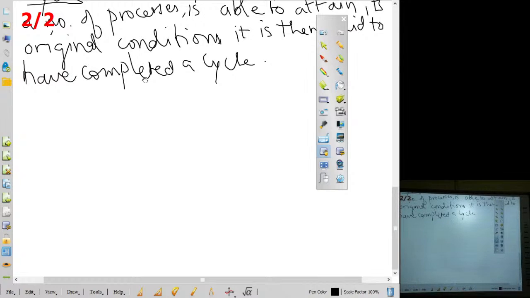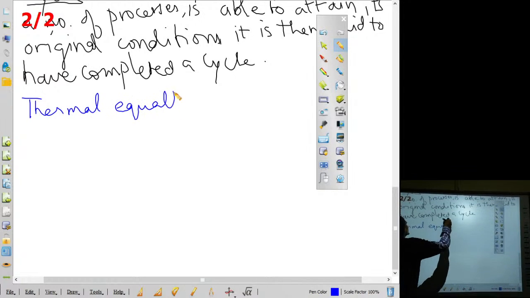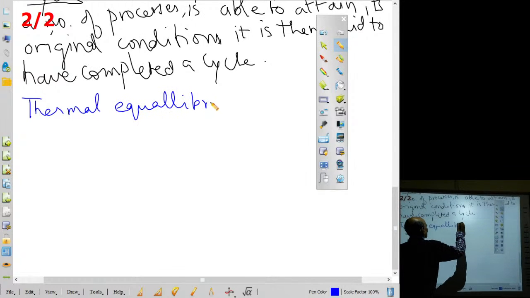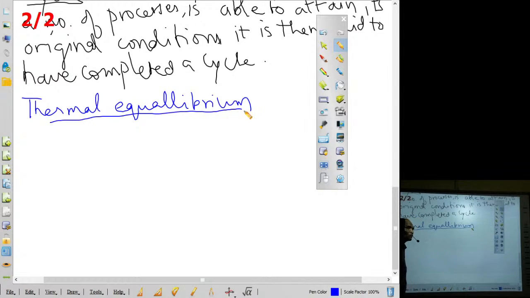Okay. So then, next we have to say what thermal equilibrium is.